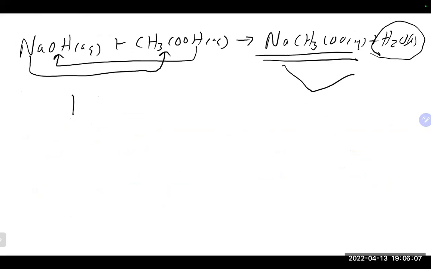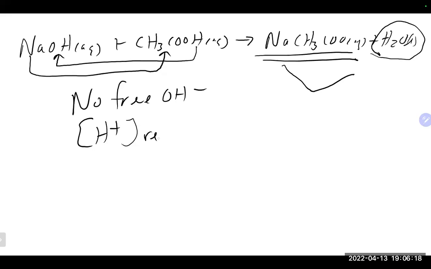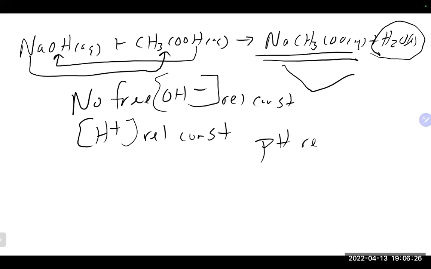We have no free OH minus, which means that the concentration of H plus, because they are related to each other, will also be relatively constant, because this guy will now be relatively constant. And that means that our pH will remain relatively constant.